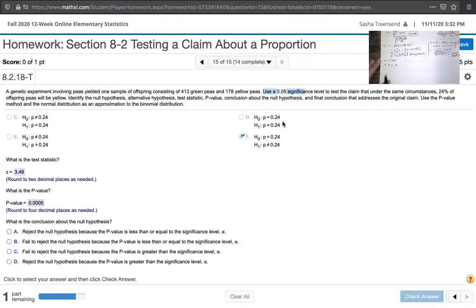That means the probability of getting a p-hat value as extreme as ours or more extreme is about 0.05%. It's a very small probability. Now that probability came from assuming that the null hypothesis is true.